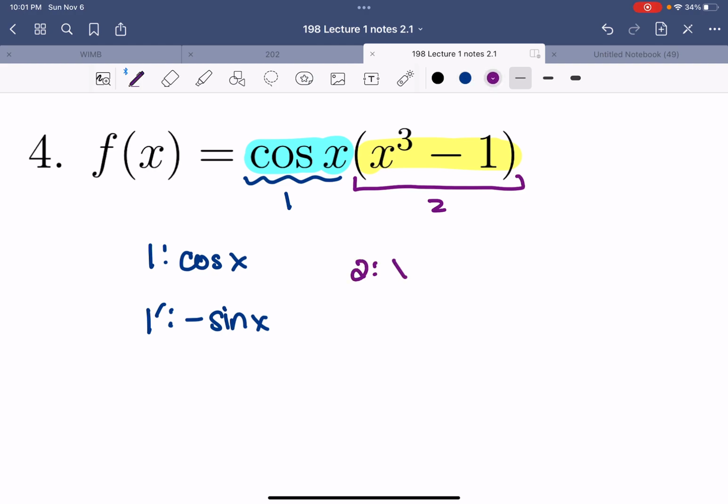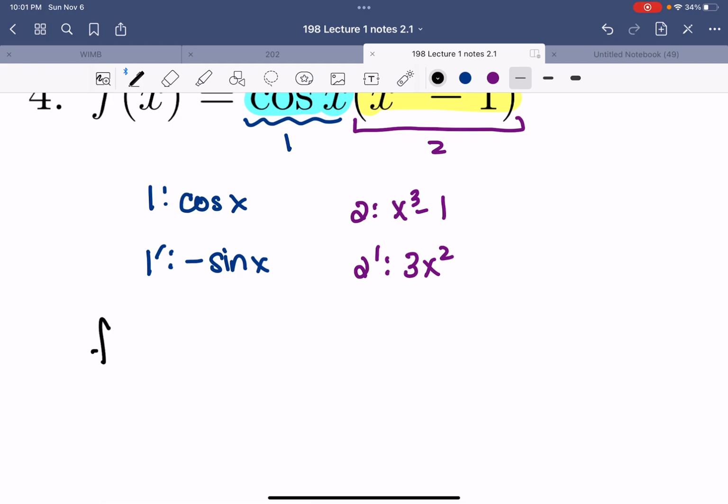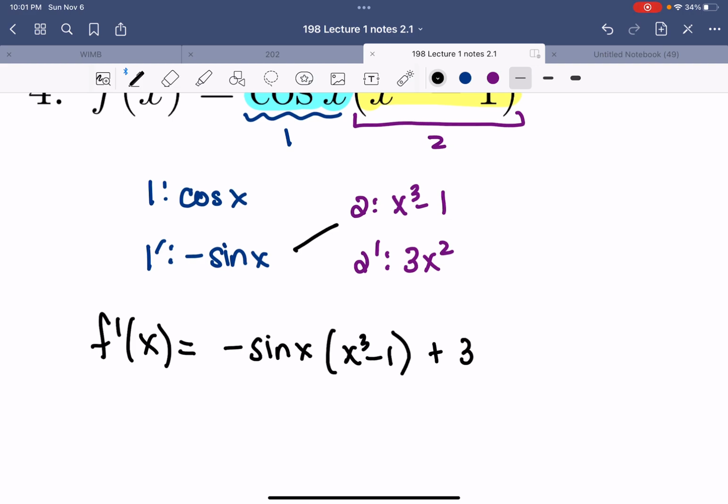Function 2 is x cubed minus 1, and its derivative is 3x squared. So when we take our derivative, put this together using our product rule. So 1 prime 2 is negative sine x times x cubed minus 1 plus 3x squared times the cosine of x.